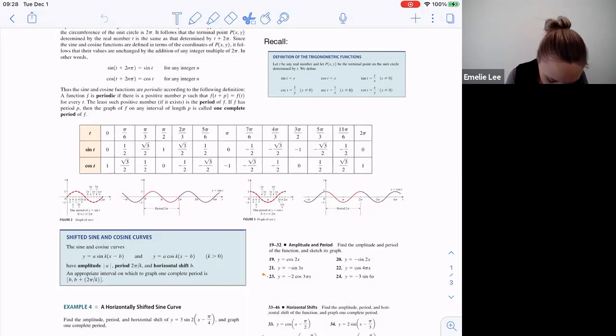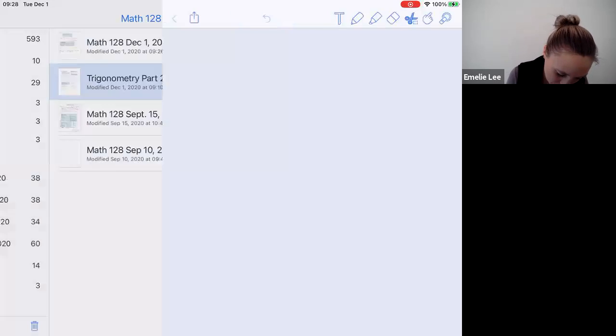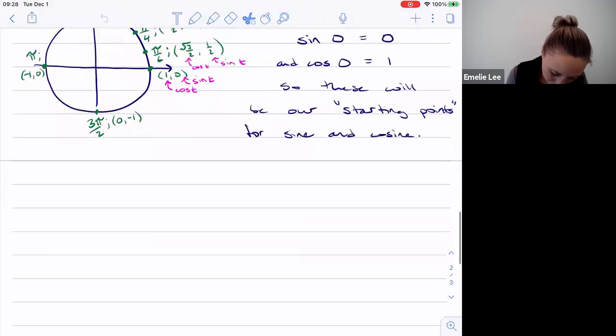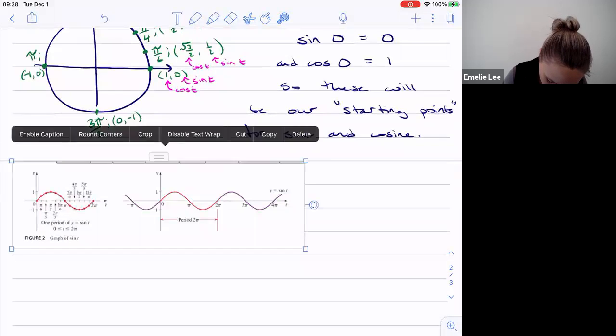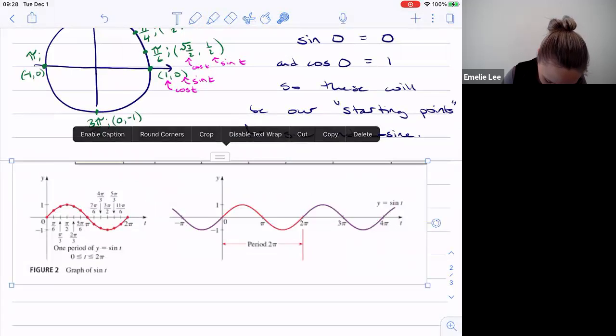All right, so we've got the graphs of sine and cosine. Let's look at sine first. Let's do it even bigger actually.